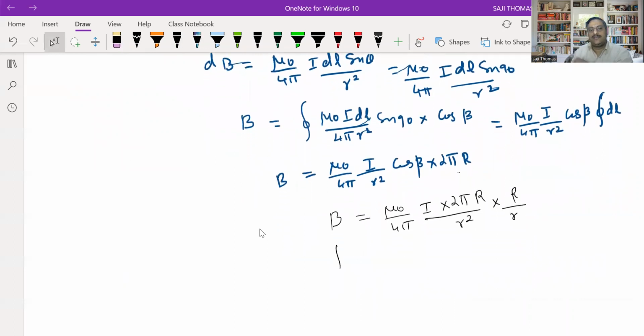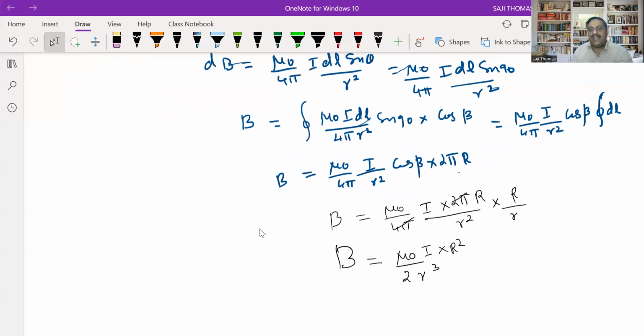So what you will get: the magnetic field equals mu 0, you can cancel 4 pi and 2 pi, so you will get denominator 2. Denominator r square into r is r cube, numerator I into capital R square. So mu 0 I R square by 2 r cube.